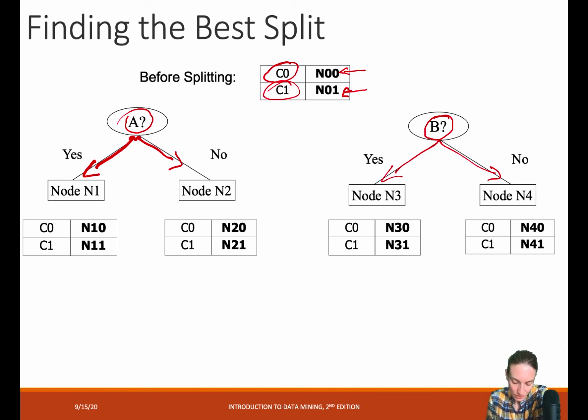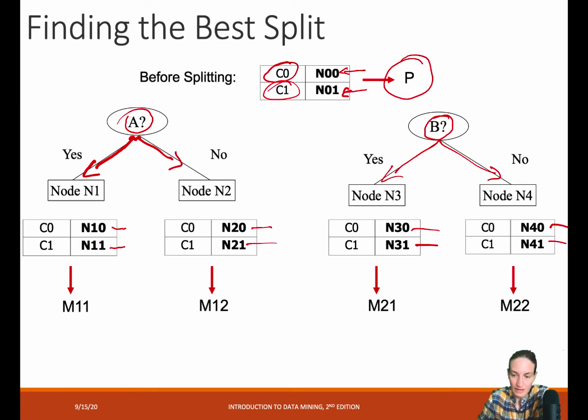And for each of these nodes, we can again calculate how many instances are in the respective classes. Okay. Then, from the original data, we can calculate the impurity before splitting.